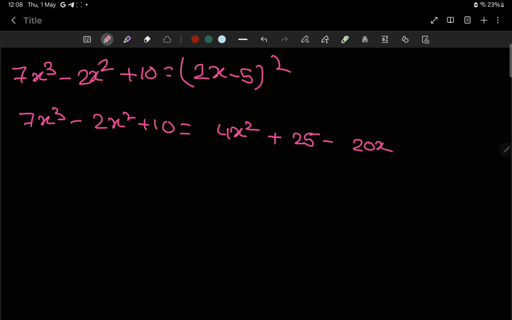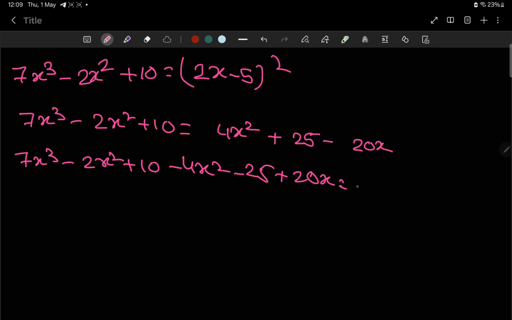We can transfer it and simplify it. So what is the highest degree of this equation? The highest degree of this equation is 3.